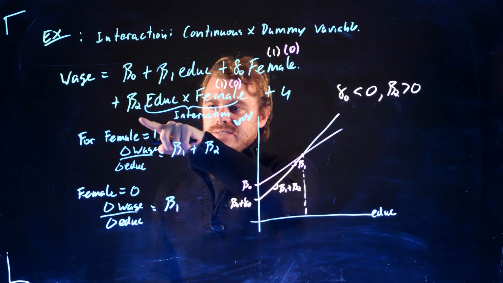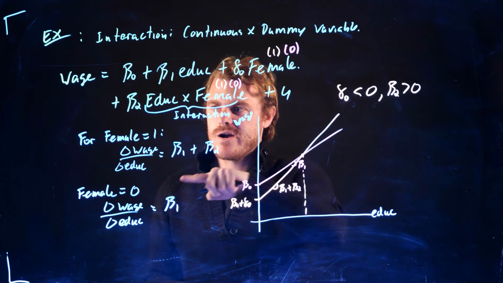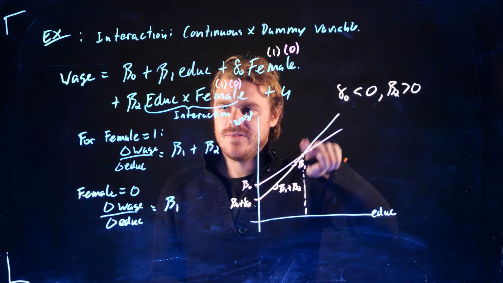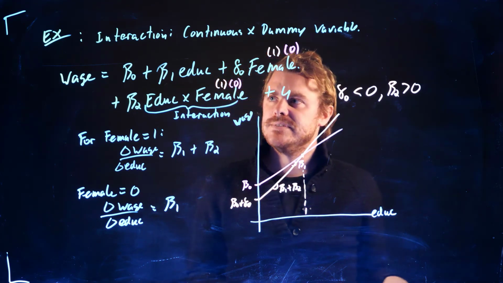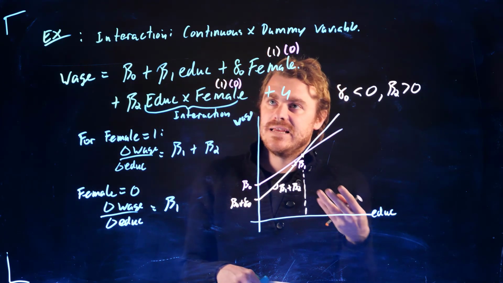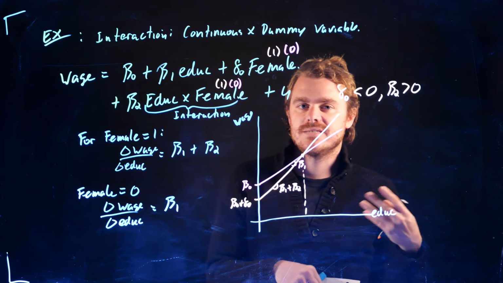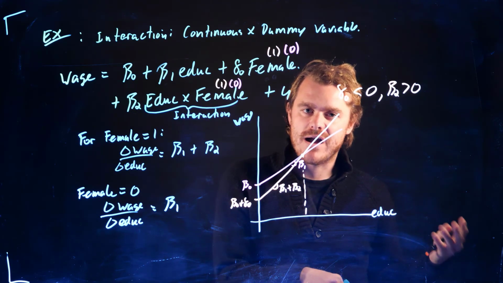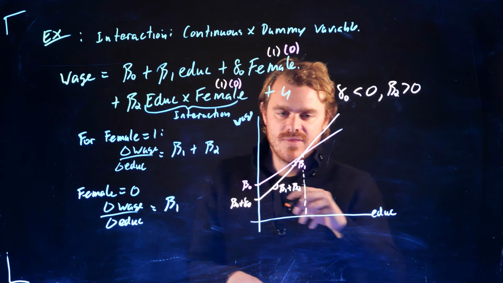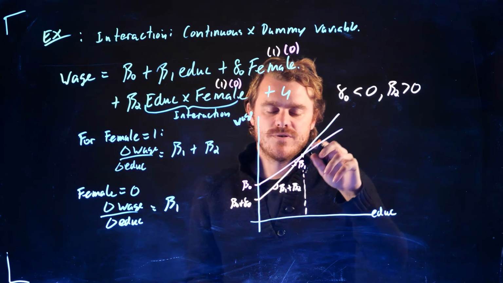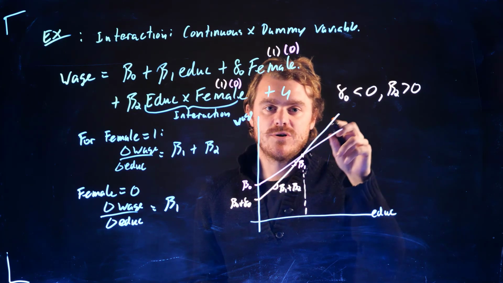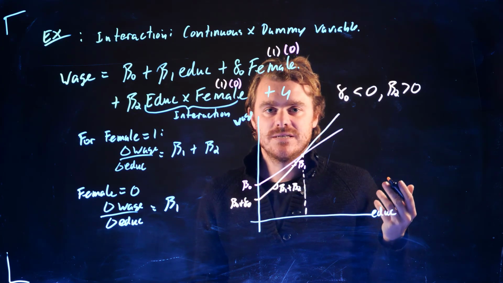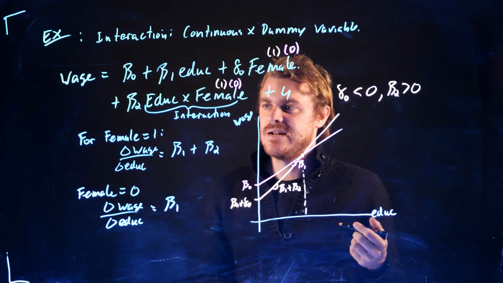If this beta 2 is less than 0, they get further apart. If it's greater than 0, then returns to education for someone who identifies as female is greater than male. But that's how these continuous variables that are interacted with dummy variables work. They change the slope for different groups. So here the returns to education for someone who identifies as female is different than someone who doesn't identify as female.